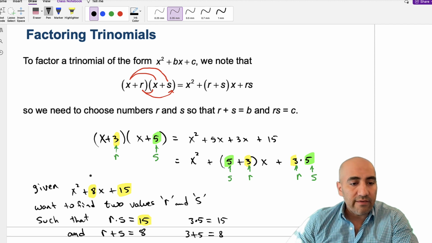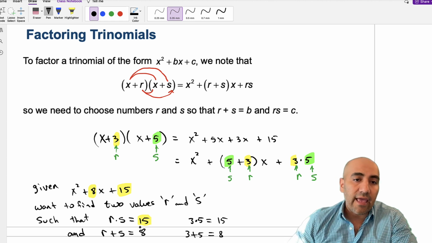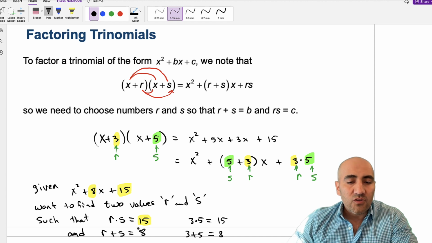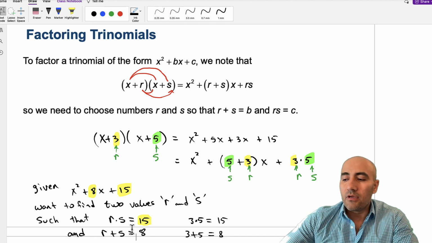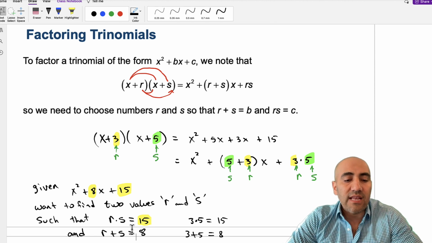Given this trinomial, x squared plus 8x plus 15, it fits this form. Notice that there's a 1 in front, 1 times x squared, and we just have to guess and check our way to find the numbers 3 and 5.